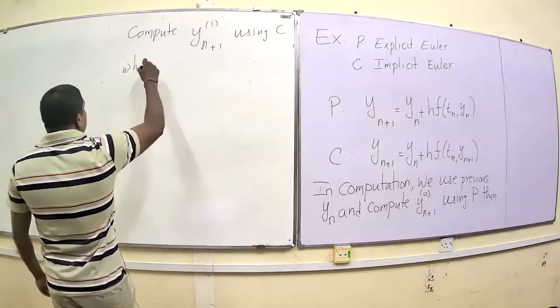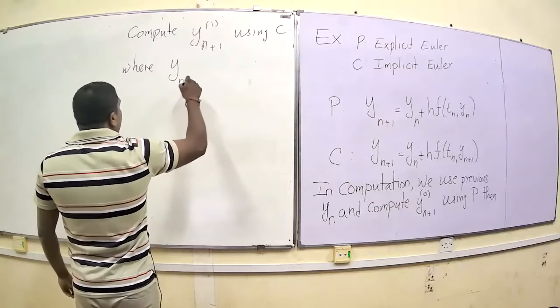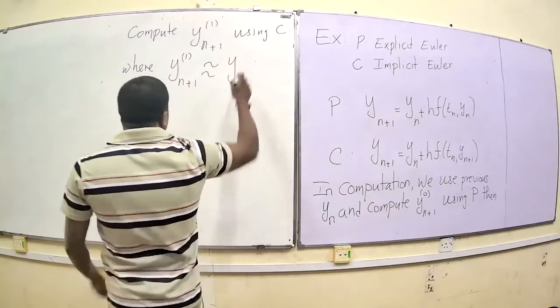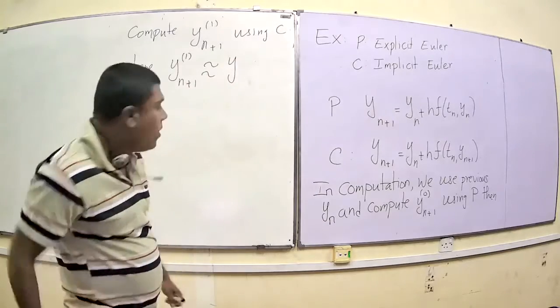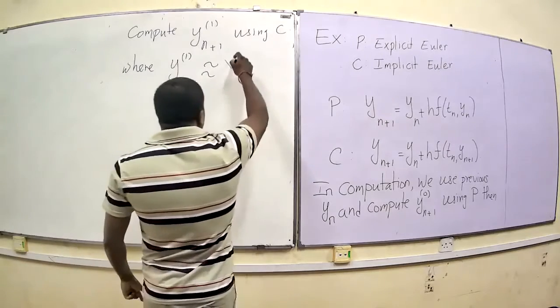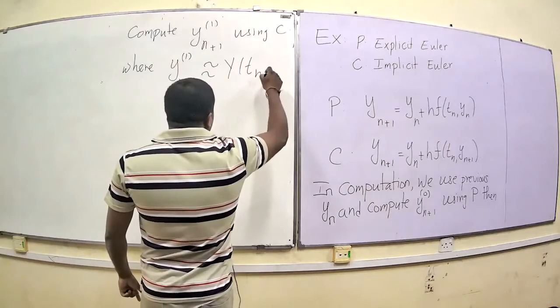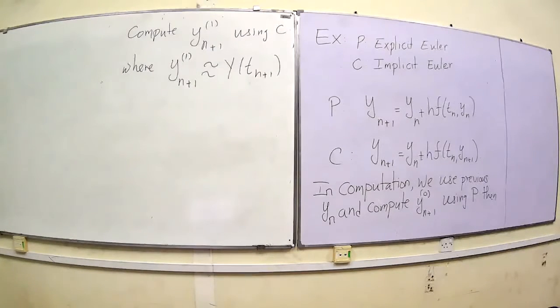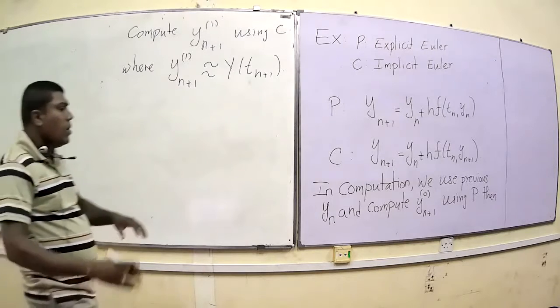So yn plus 1 is considered as an approximation for capital Y at tn plus 1. This is how the predictor corrector method goes when you are doing computation.